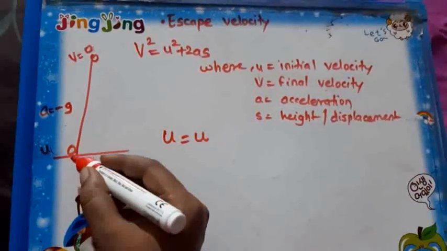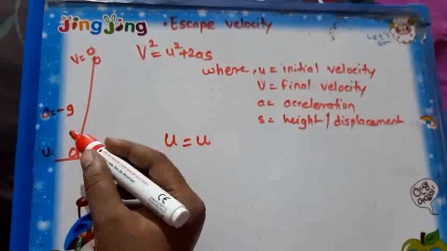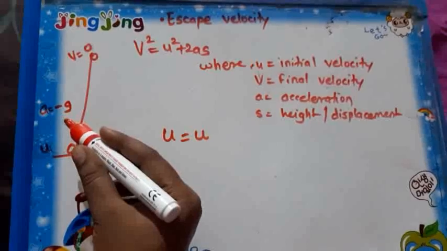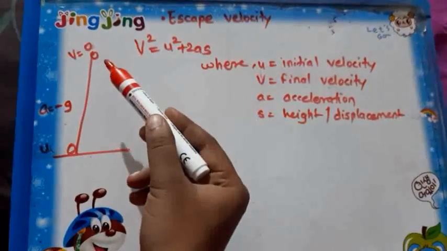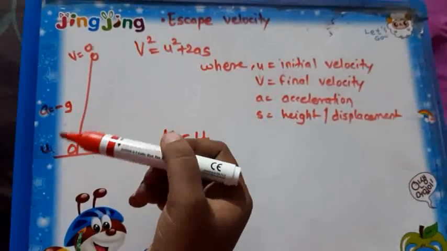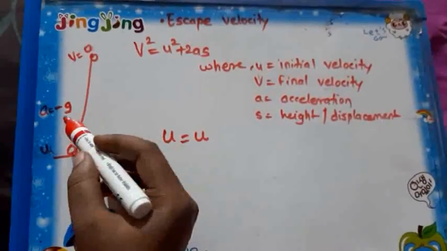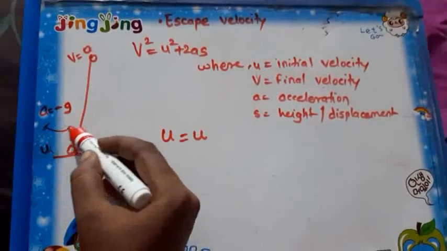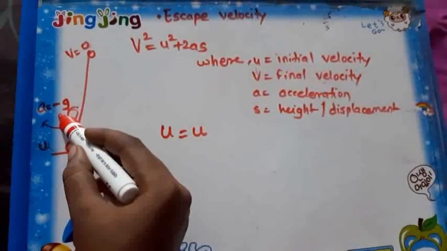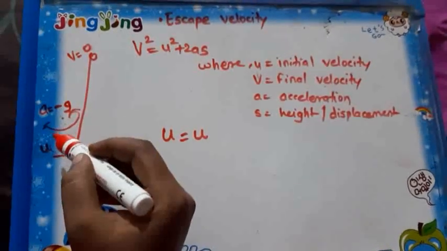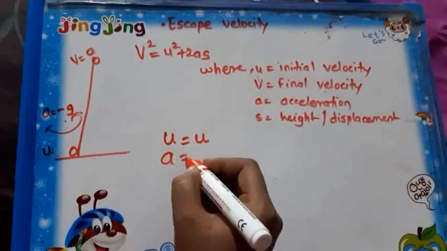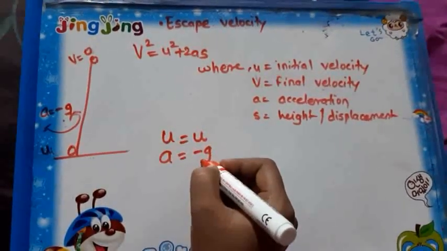When that object is moving in upward direction, it is experiencing the acceleration due to gravity, and that acceleration pulls the object towards the earth, due to which the velocity of that object reduces, and that's why acceleration is nothing but acceleration due to gravity, and it is having negative sign. Negative sign indicates that velocity is decreasing. So here a becomes minus g.